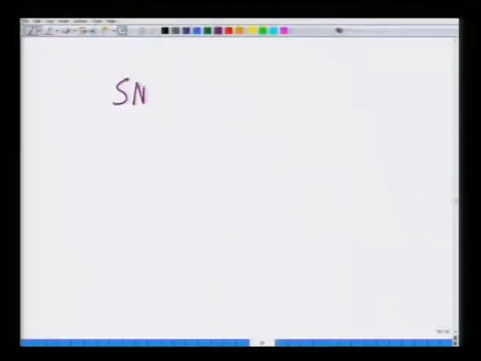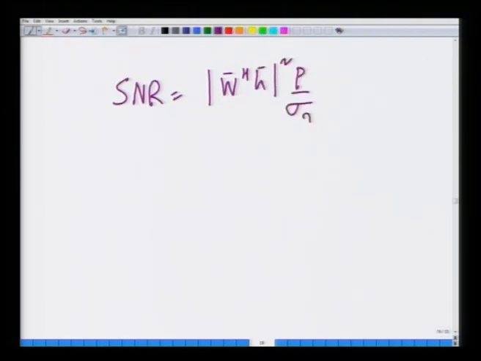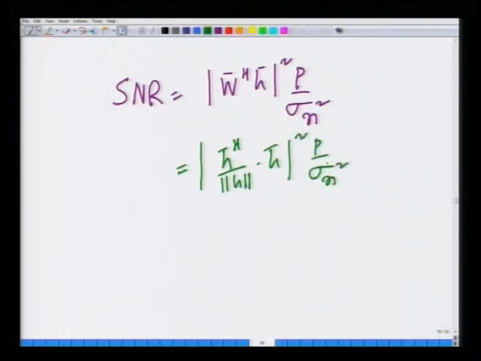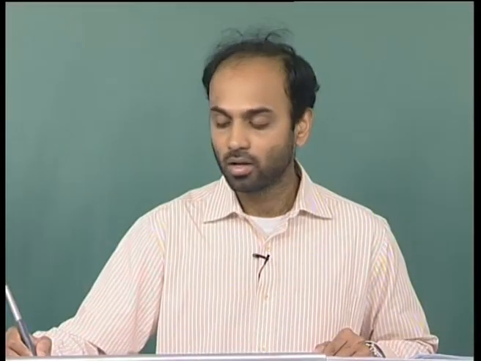And further let us derive the SNR now. The SNR we said is simply magnitude w bar Hermitian h bar square P over sigma n square. This is nothing but magnitude h bar Hermitian over norm h times h bar square divided by sigma n square. h bar Hermitian h bar is nothing but norm h square divided by norm h is norm h.